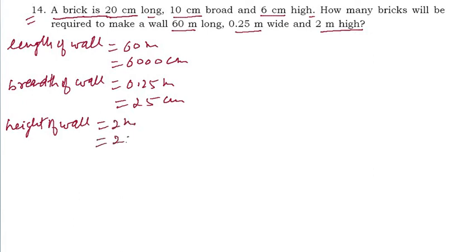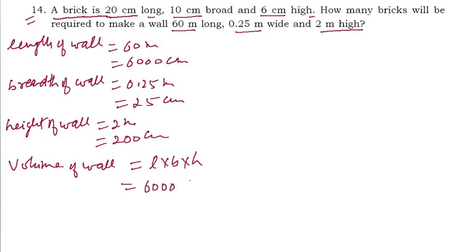So it will also change into centimeter. So volume of wall, you can write here volume of wall is equal to length into breadth into height. So length is given as 6,000, and breadth is given as, that is the 25 centimeters. So you have to write 25, and the height is 200 centimeters. So 200, it is centimeter cube.